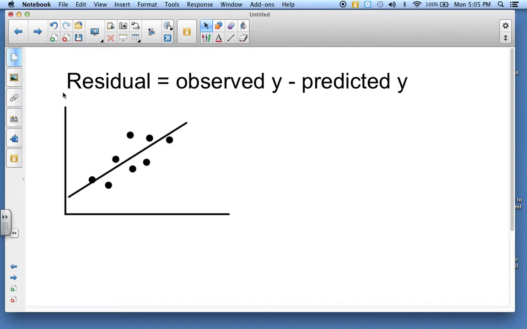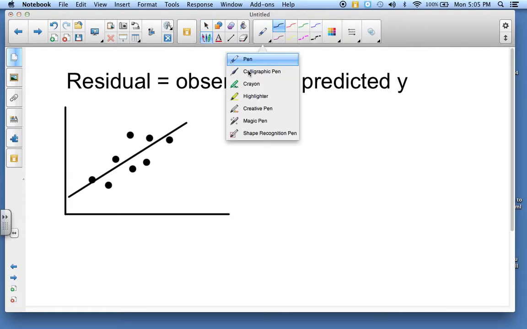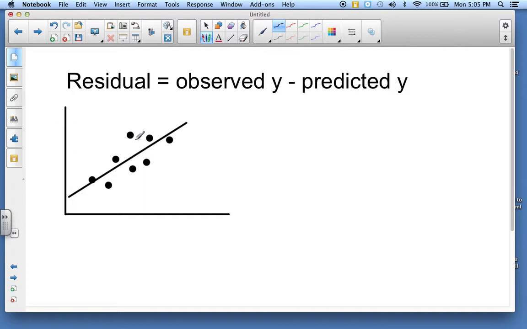Okay. The next thing I want to talk about is the residual. Now the residual basically is this right here. It's the distance from this point right here. This is the observed y.